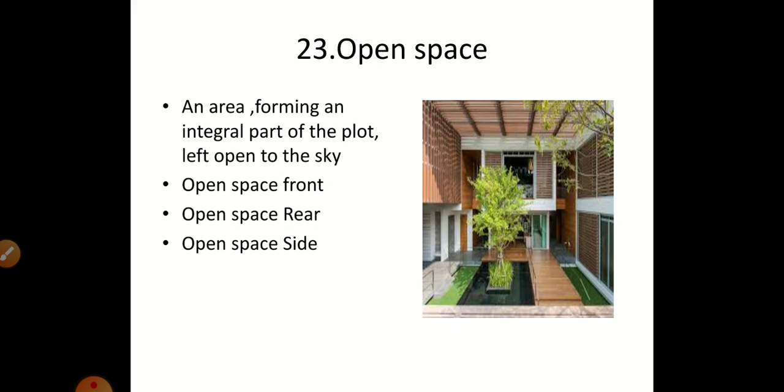So there is open space front, open space rear, open space side, and there are rules regarding the minimum distance in front, in rear, meaning back side, and inside of the plot.